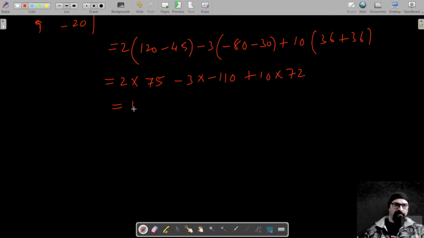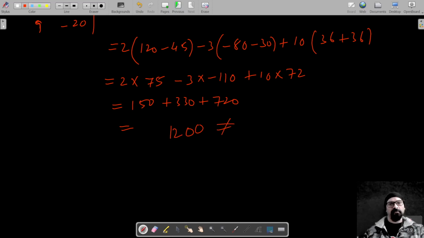So this is 150 plus 330 plus 720, which is 1200, which is not equal to 0. That means A inverse exists.